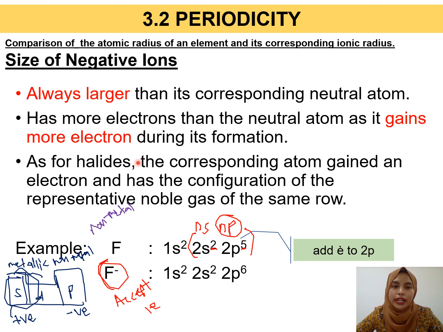Okay. Alright. Why are negative ions always larger than their neutral atom? Because negative ions have more electrons than the neutral atom, since they gain electrons to form negative ions, right? Okay. So for the explanation, we'll go to the next part.